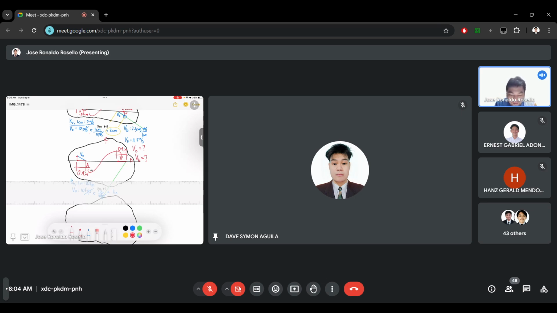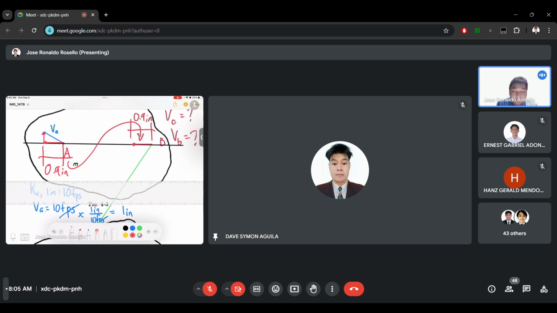Then, since it's given that the direction of velocity B is going downwards, we will make a perpendicular line going downwards. This perpendicular line from this point will intersect at the direction.